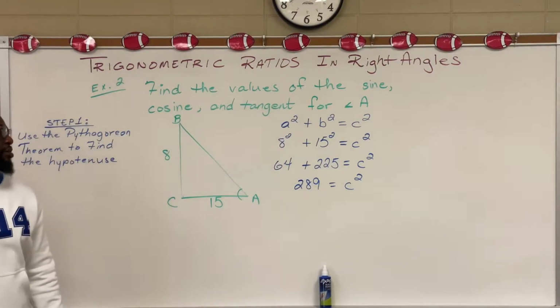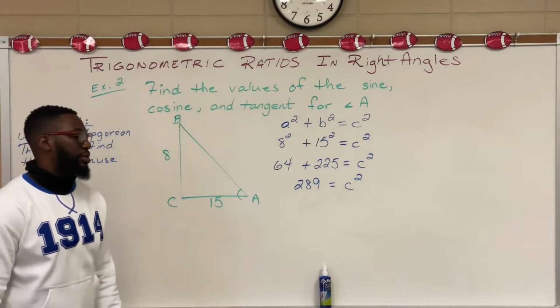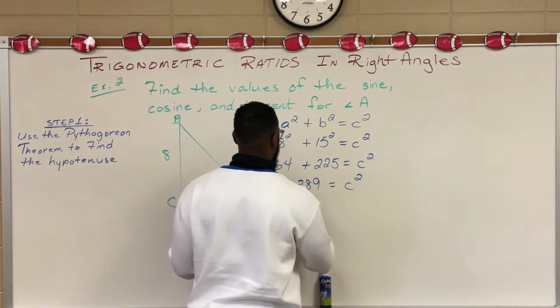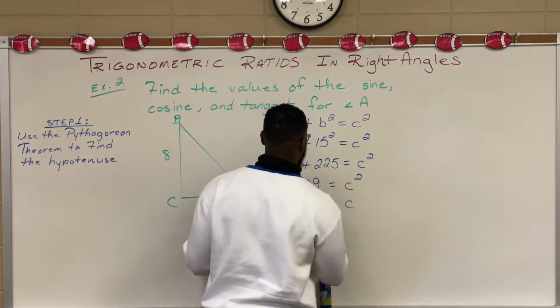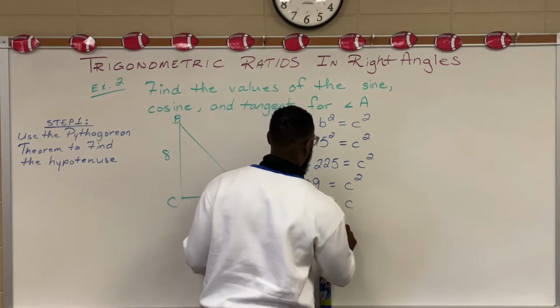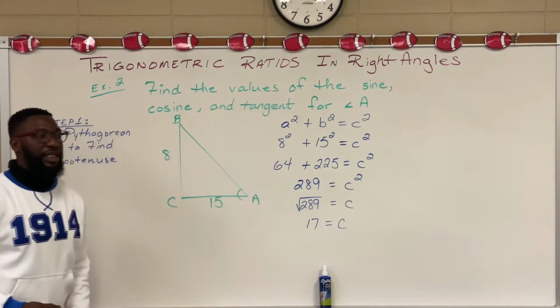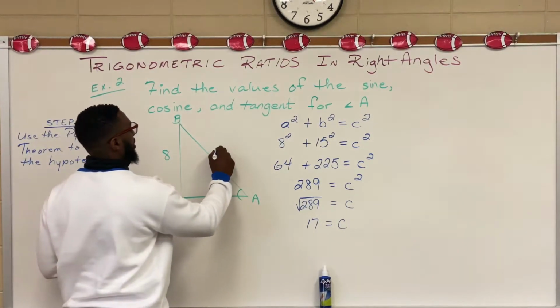Whenever we have a variable squared, we take the square root. So side C equals 17.